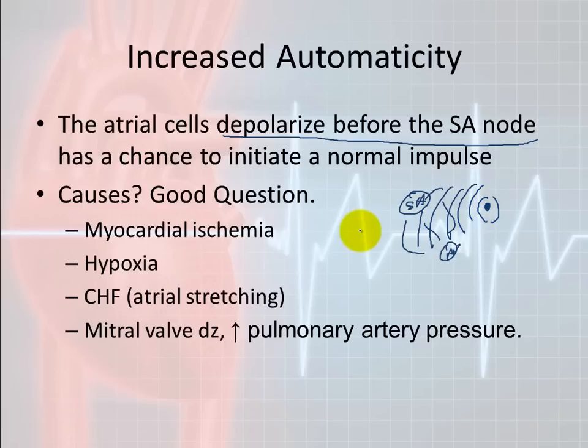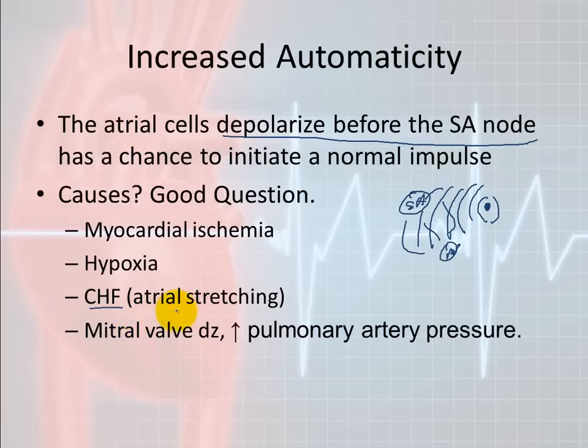Some of the causes of increased automaticity: myocardial ischemia, if there's any kind of ischemia going on up there, or any kind of hypoxia, not due to an ischemic issue but just lack of oxygen to the tissue, or any kind of atrial stretching, especially in patients who have congestive heart failure, where this is a chronic atrial stretching.